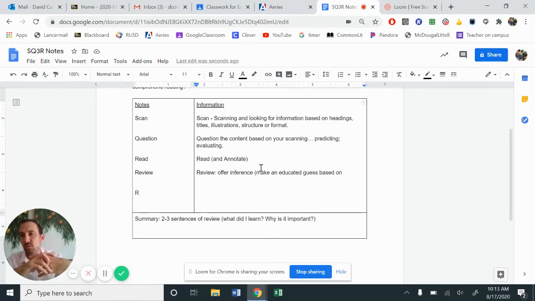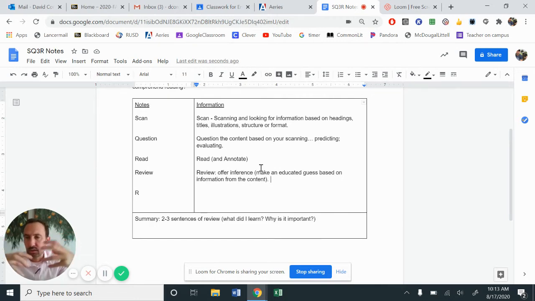You might infer what was going on in history that wasn't mentioned in the text. You make an educated guess based on information from the content, okay? And that kind of helps you process and infer, or I want to find another word, hypothesize.